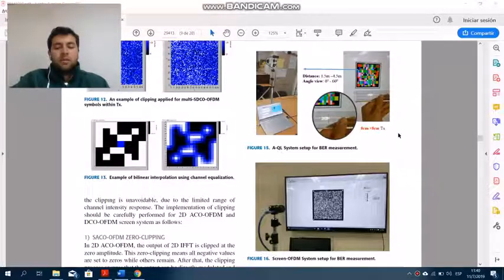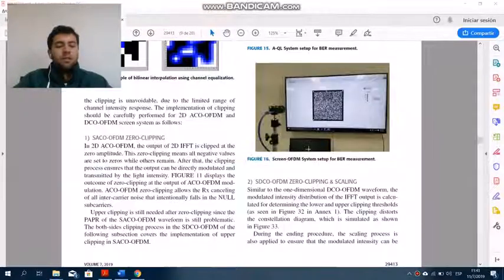The AQL code of the IEEE 802.15.7m standard has the size of 8 centimeters in which each TX cell has a resolution of 5 plus 5 pixels.